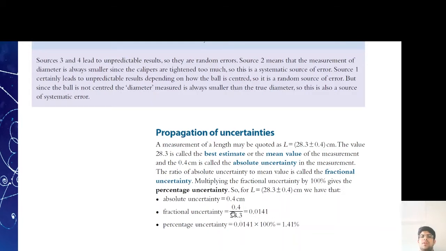If we divide them, this is what we get as the fractional uncertainty. And the percentage uncertainty, if we multiply the fractional uncertainty by 100 percent, gives 1.41%.